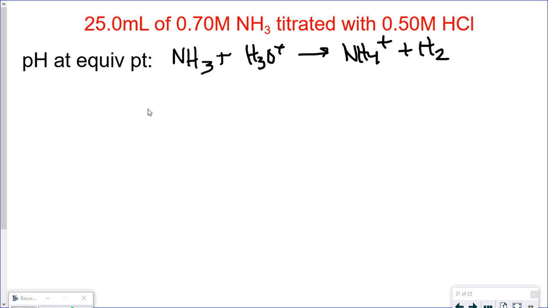So our amount of ammonia was the 0.0175. Moles of acid, whenever we're at the equivalence point at that 35 milliliters, will also be 0.0175. And we had none of our products. We're going to neutralize all of our acid and our base.